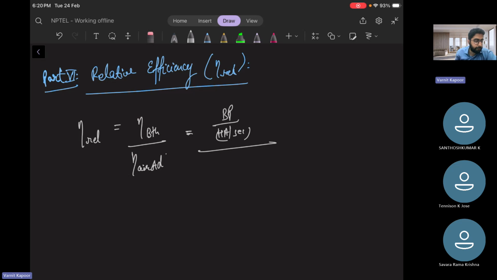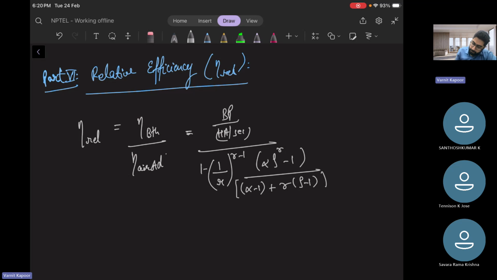And what is air standard efficiency? If you go for any of the cycles, suppose I take a dual cycle, the air standard efficiency of dual cycle is 1 minus 1 by r to the power of gamma minus 1 into alpha rho to the power of gamma minus 1 to that of alpha minus 1 plus gamma into rho minus 1. So this is your relative efficiency. You can use auto cycle efficiency or diesel, whichever, I'm taking dual.